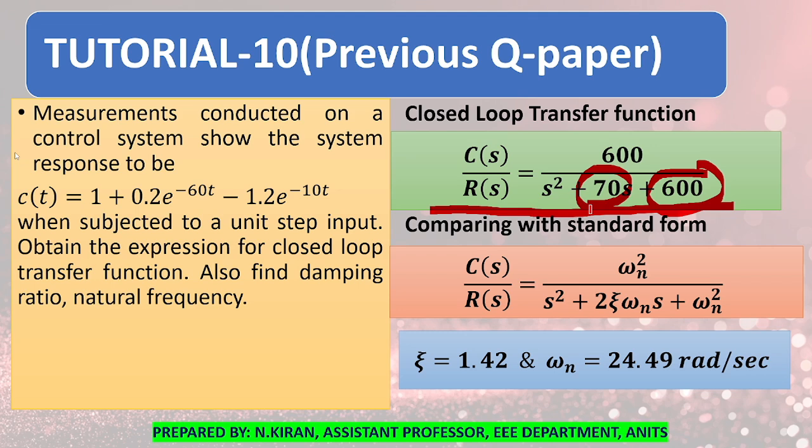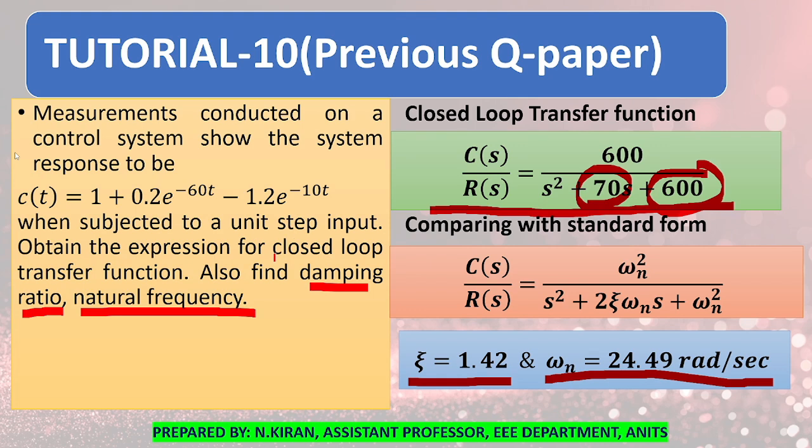Upon equating these, I get the value of omega n as 24.49 radians per second and zeta as 1.42. So we have found the damping ratio and natural frequency, and we also finished finding the expression for the closed loop transfer function.